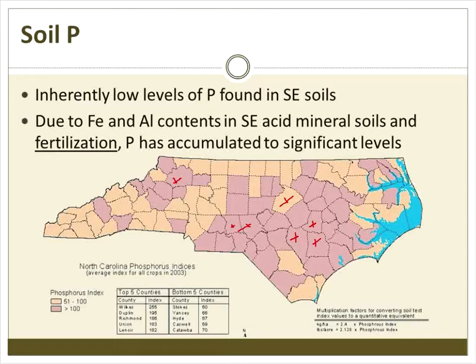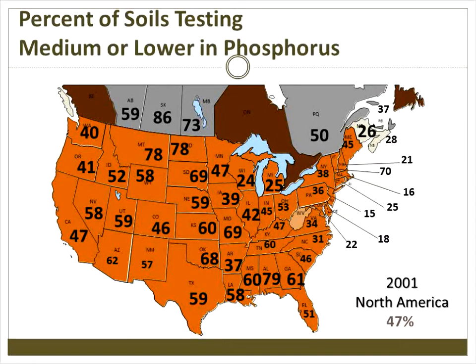So let's go and look at the national perspective for a minute, if you will. And this is from a 2001 soil survey, where basically we're trying to get a grasp for how we are doing on phosphorus fertility. And what we're seeing here is that, in North Carolina, 31% of our soil samples test low or medium in phosphorus.